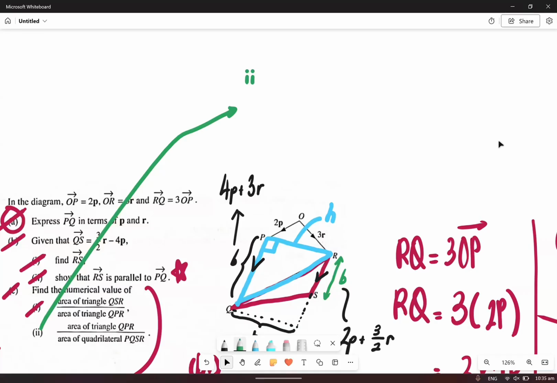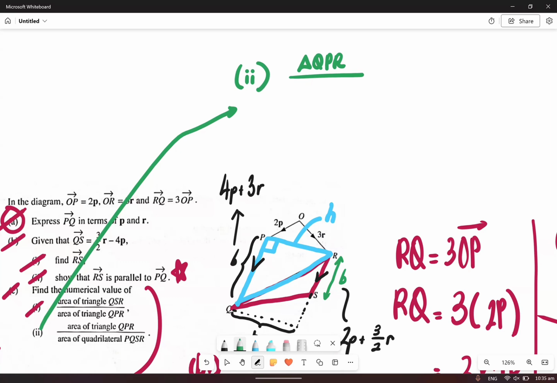Now, for the next part, the question is asking us for the area of triangle QPR. So we first write this out: triangle QPR over quadrilateral PQRS.